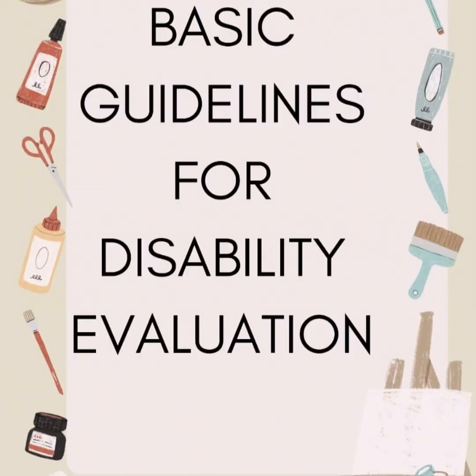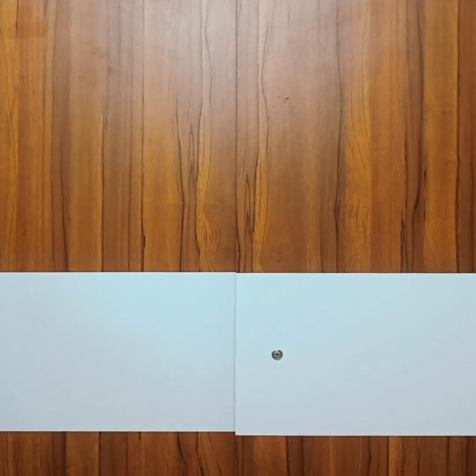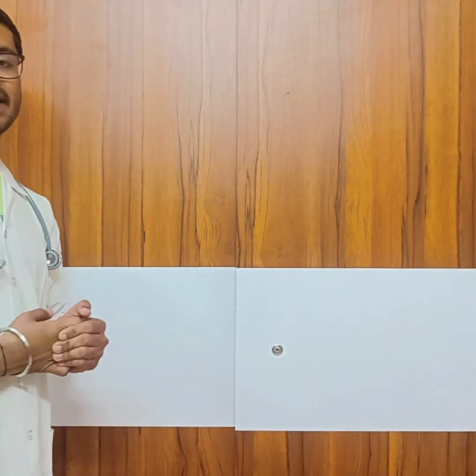Now let's talk about basic guidelines for disability evaluation. There are four basic guidelines for the disability evaluation of amputees. First, in case of multiple amputations, if the total sum of disability exceeds 100%, then it is considered as 100%.